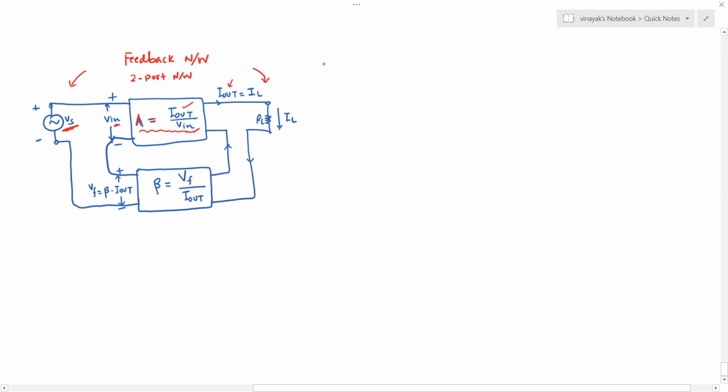So if we just neglect this feedback for a moment, and we just see that there is a straightforward path from input to output, then this amplifier is called as transconductance amplifier, because it gives you the ratio of output current divided by the input voltage.